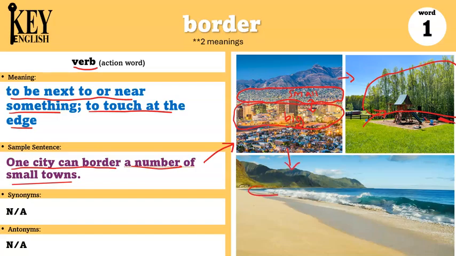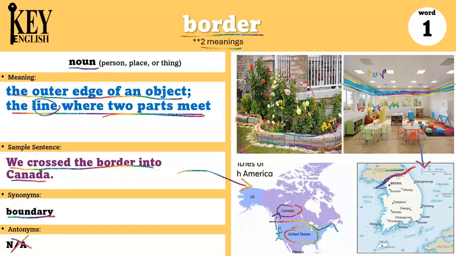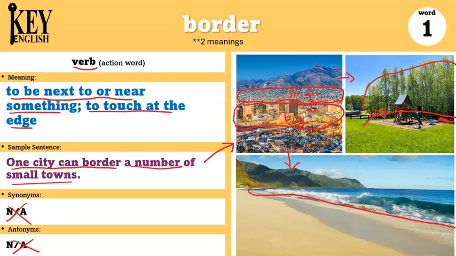The ocean borders the sand or the beach. There are no synonyms or antonyms for border as a verb. So remember, we can talk about border as the line that is keeping two things apart, the outer edge, or we can talk about it as to be next to or near something.